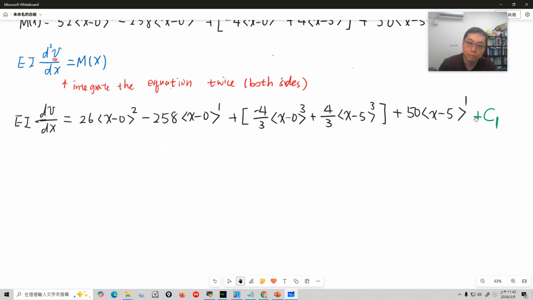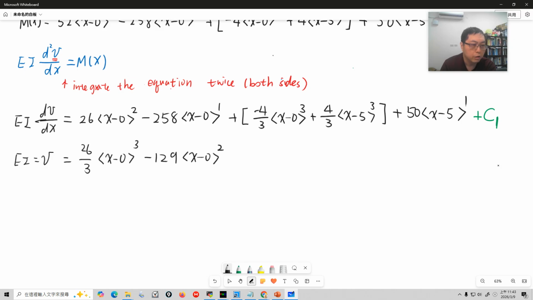But here, you have to add an undetermined constant. So let's integrate the first time. We want to solve for mu. Integrate one more time, and that will become EI times mu equal to the terms with powers raised by one again, which is 3 plus 1 is 4, and so on.